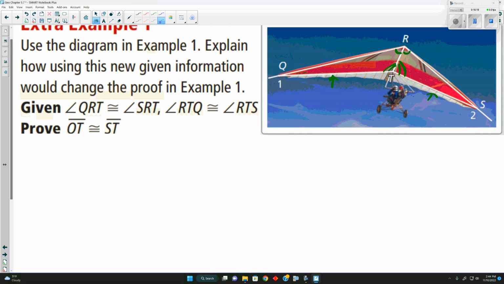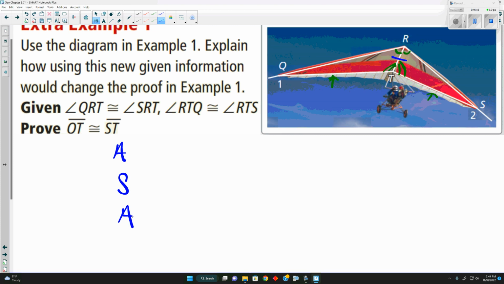Now, looking at this here, is there any other information that's given to us in the picture, guys? RT is congruent to itself, yes? So which one of the three congruency shortcuts are we going to use? Almost. So we have two angles and a side, angle, side, angle, yes? So the one that we need is angle, side, angle.